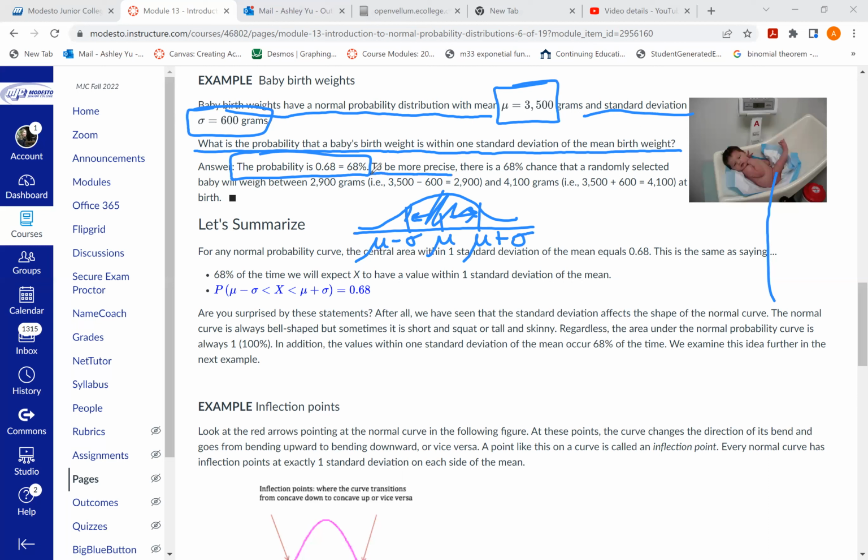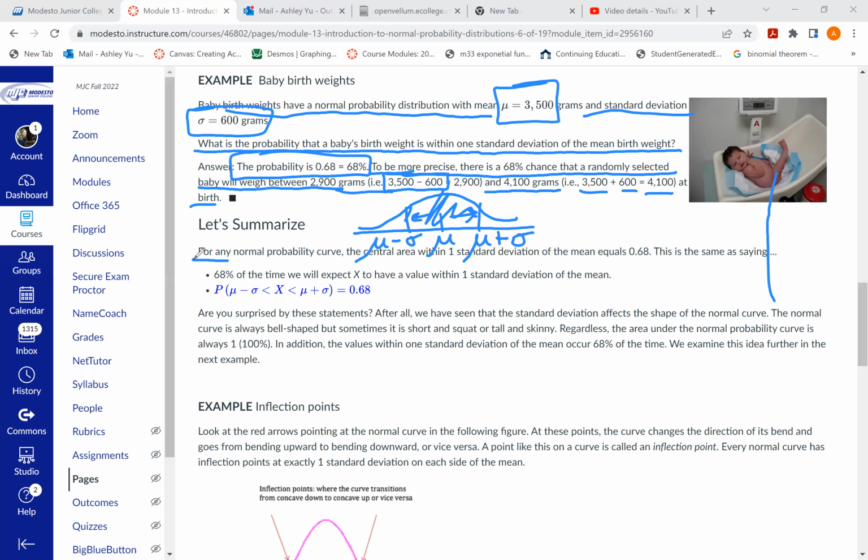To be more precise, there is a 68% chance that a randomly selected baby will weigh between mu minus sigma, which is 2,900 grams (3,500 minus 600), and 4,100 grams, which is the mean plus sigma: 3,500 plus 600 is 4,100 at birth.